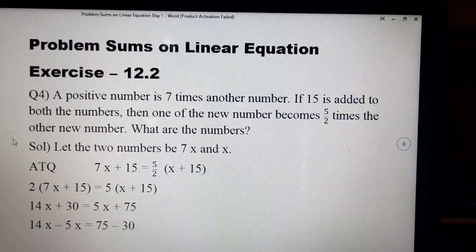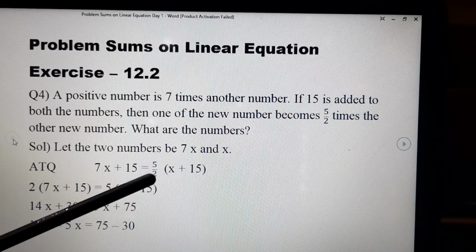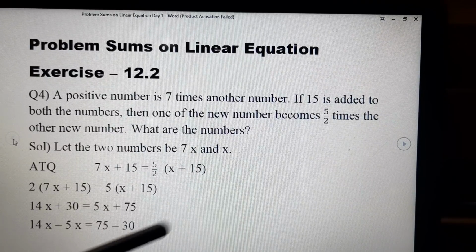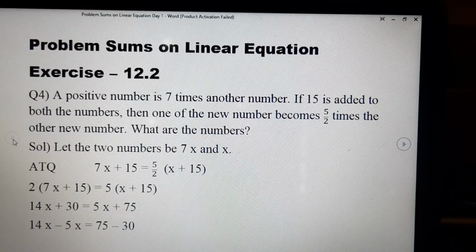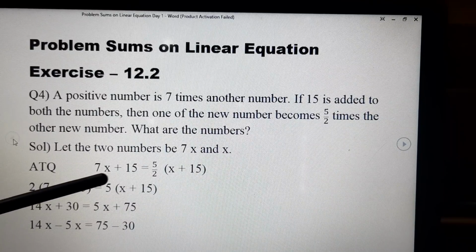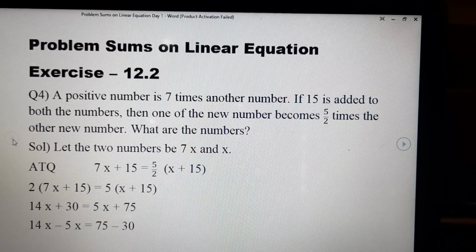You can do it this way also, like x plus 15 is equal to 5 upon 2 within a bracket 7x plus 15. But if you solve that way, you will get negative value of x. And here according to the question it is a positive number. So we have to keep 7x plus 15 in LHS and x plus 15 in RHS.